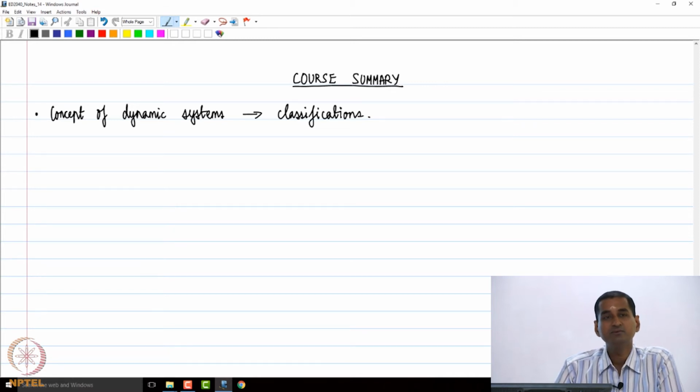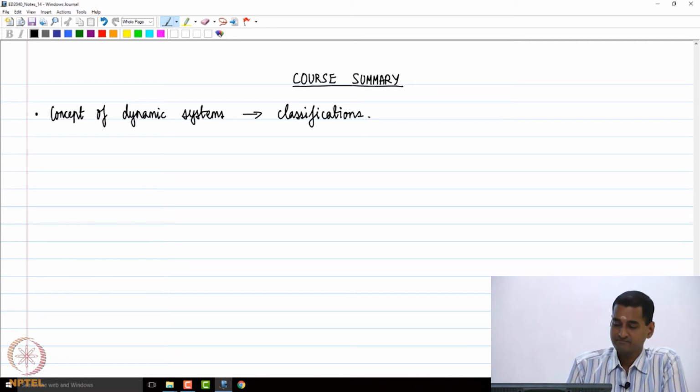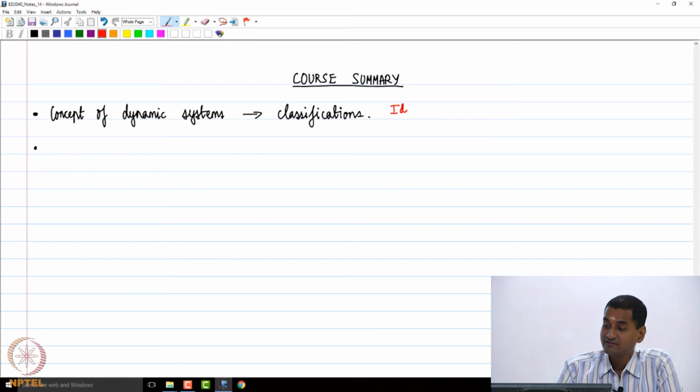Then what did we do? Laplace transforms. Before that, properties of systems. So we looked at the classification. We also identified the class of systems that we are going to study.